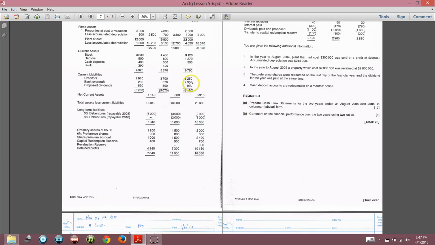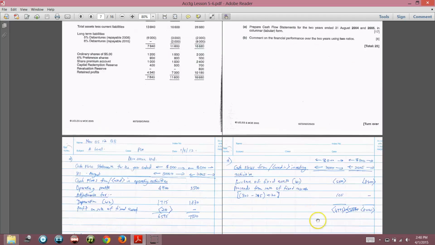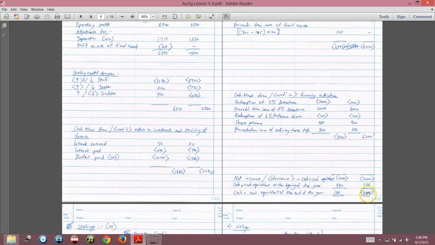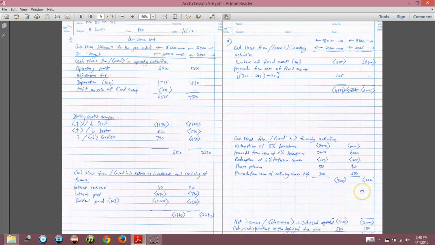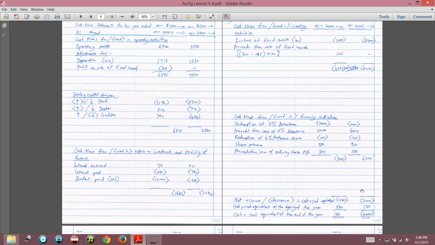You take 2003, then minus 300, so that means it's negative 2000, right? So you do this here, and if your cash flow tallies exactly, that means you should be confident that you get almost everything or everything correct.